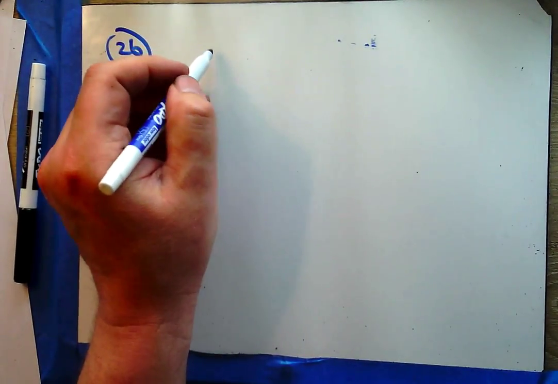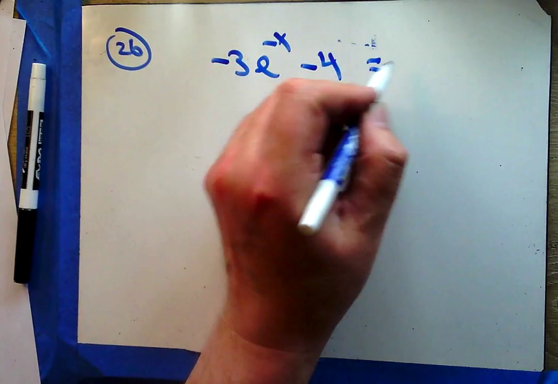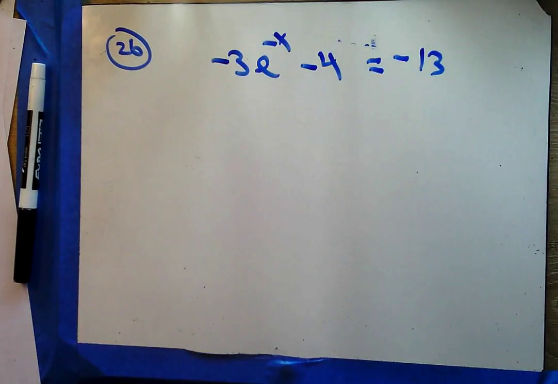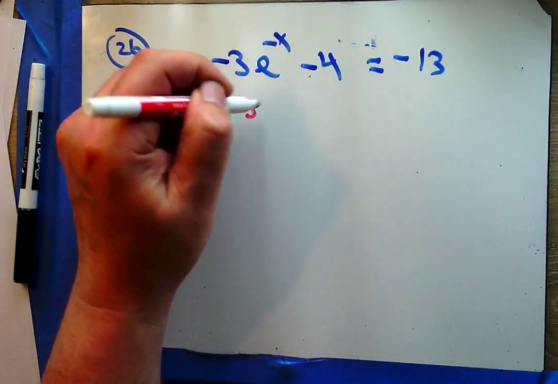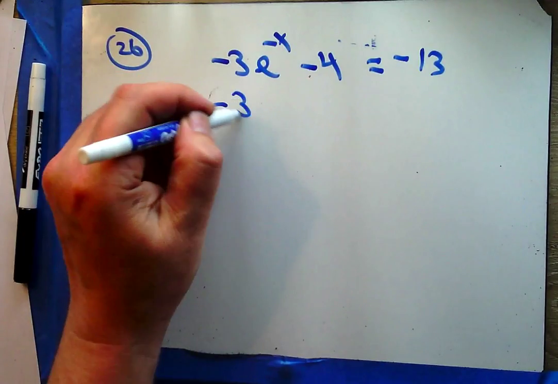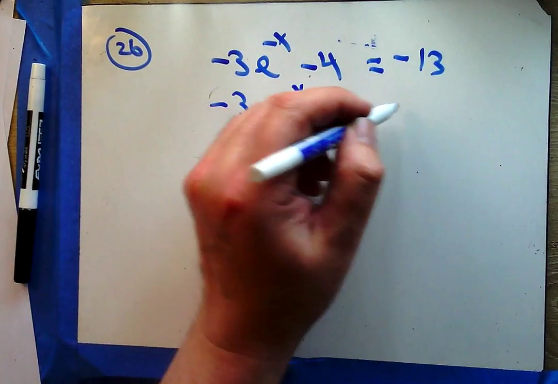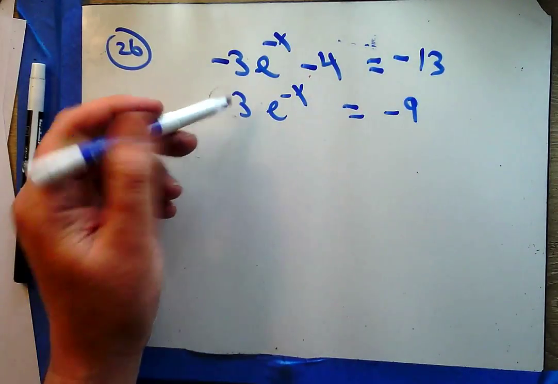26. Negative 3 e to the minus x minus 4 equals negative 13. Okay, I'm going to start by adding 4 to both sides. So my next move would be negative 3 e to the minus x equals negative 9. And then I would divide both sides by this negative 3.